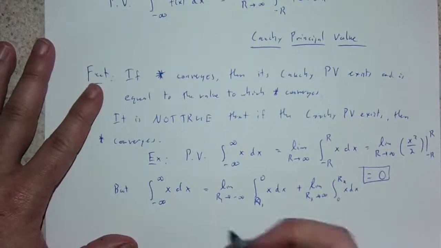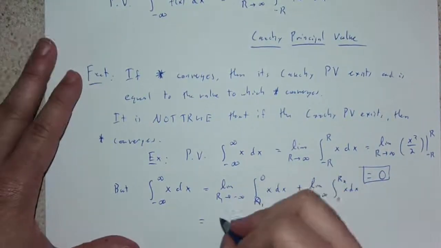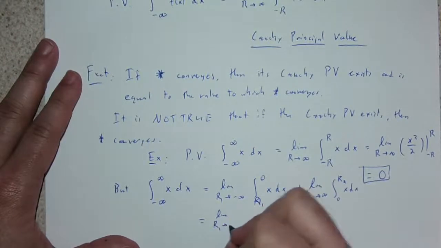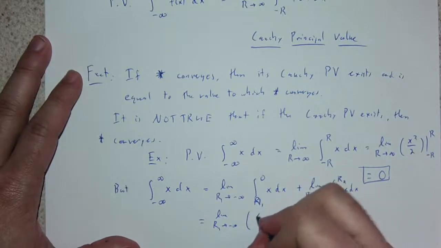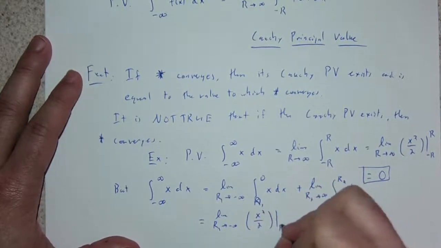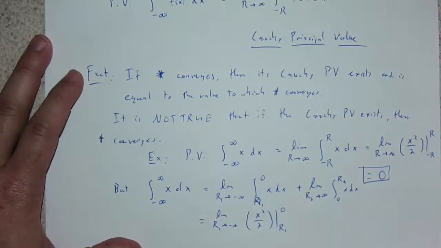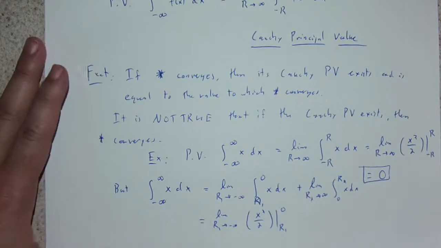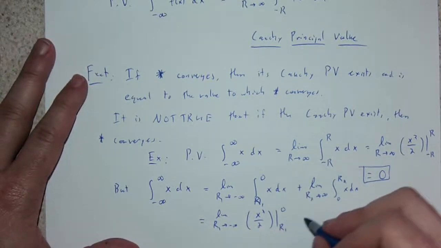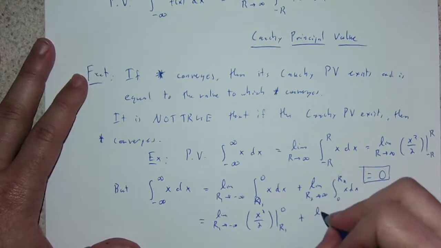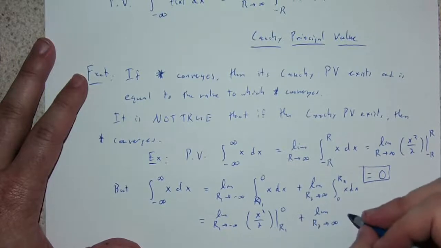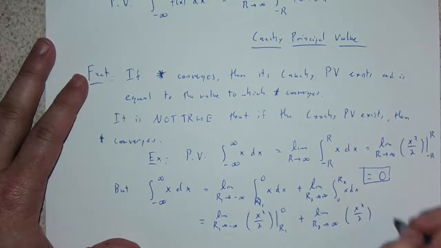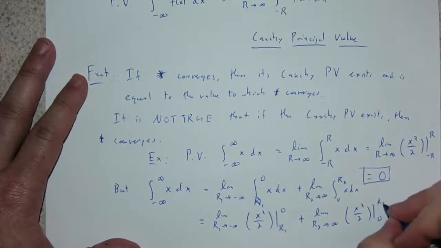Then what I end up with is the limit as r sub 1 approaches minus infinity of x squared over 2 evaluated from r sub 1 to 0, plus the limit as r sub 2 approaches infinity of x squared over 2 evaluated from 0 to r sub 2.